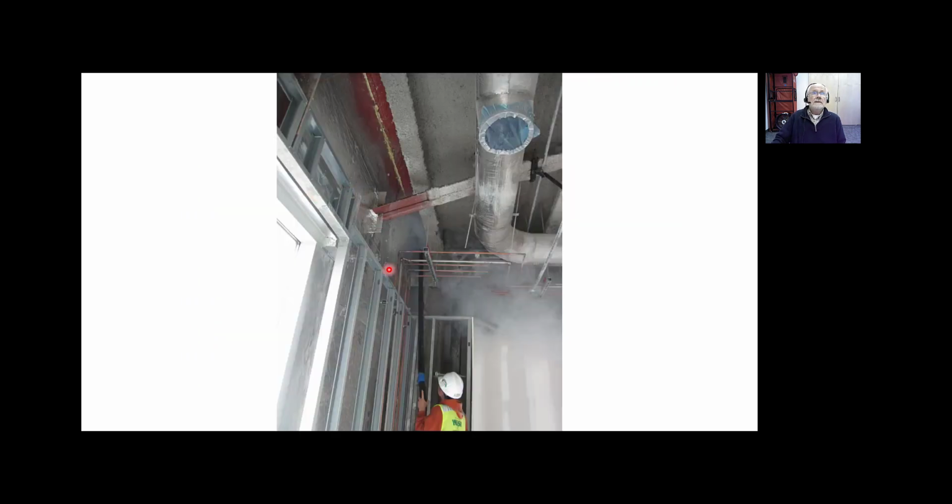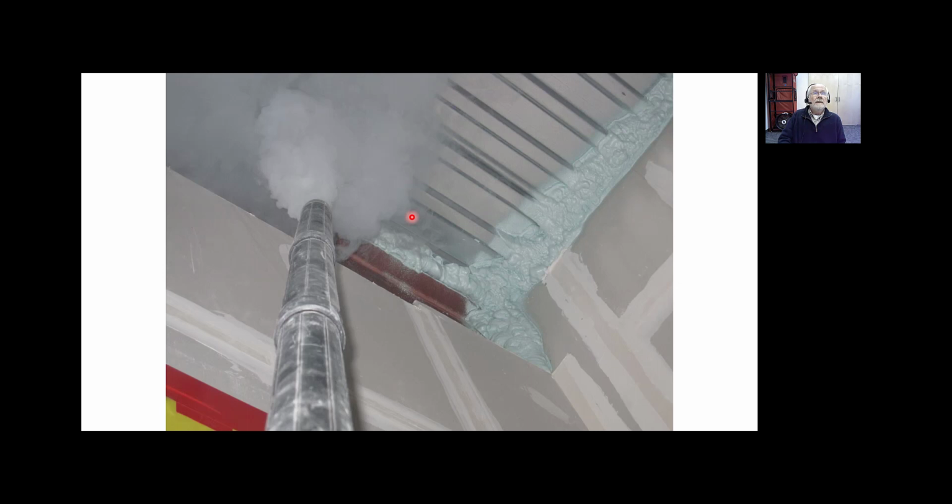In this case, a worker has a piece of PVC pipe connected to the end of that flexible pipe, and he's trying to wash this joint between the roof and the exterior wall of a commercial building where leakage is suspected, and then somebody on the outside is watching to see if they can see where the leaks and the fog is pouring out on the outside of the building.